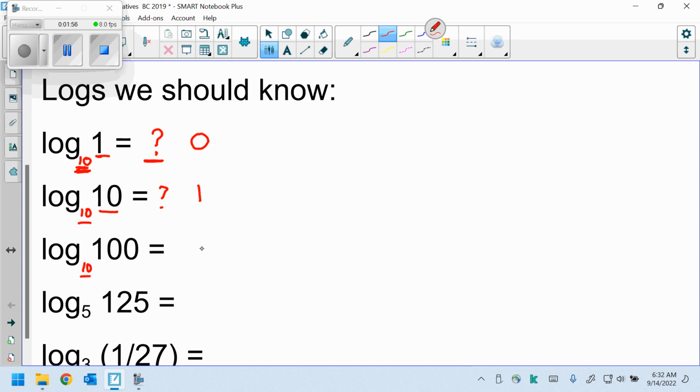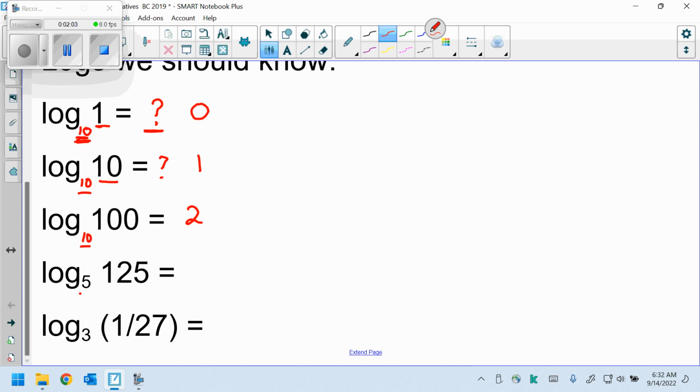10 to the what is going to give us 100. 5 to the what is going to be 125. So these come out real nicely. And even this one, 3 to the what is 1 over 27. Well, 1 over 27 is 1 over 3 cubed.